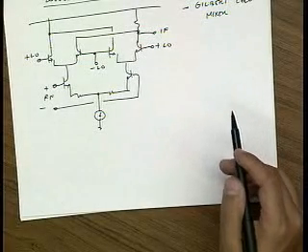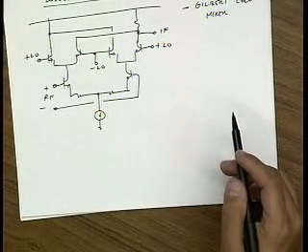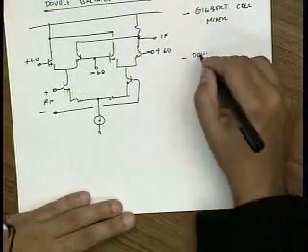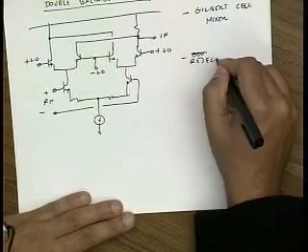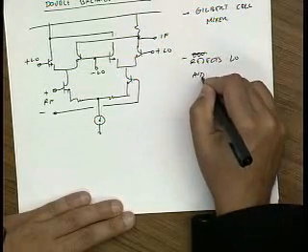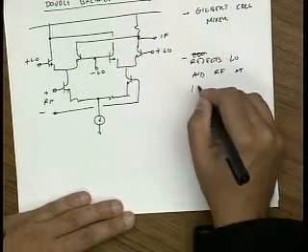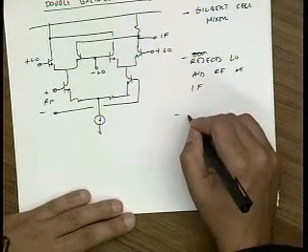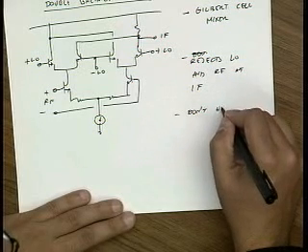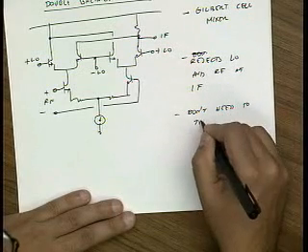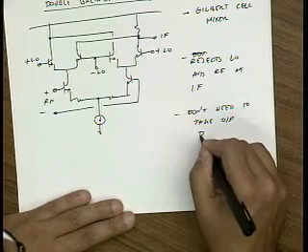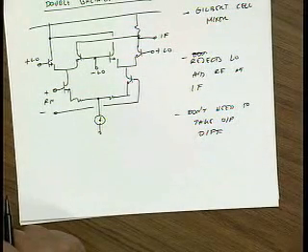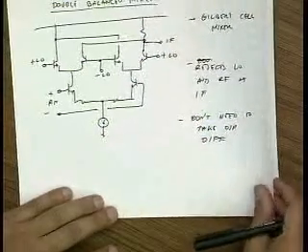So let me just say a few things before we draw it. Let's say that this is a double balanced mixer. I already said that. That means it rejects LO and RF at IF. And I don't have to take the output differentially. And this is stuff that I'm stating, but I'll show you guys in a second. Okay?